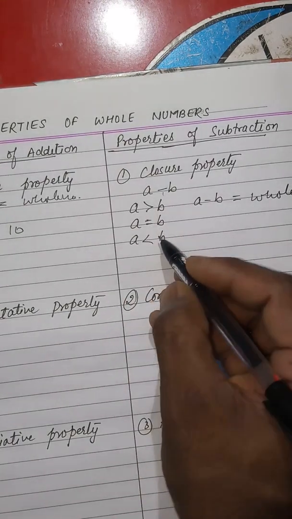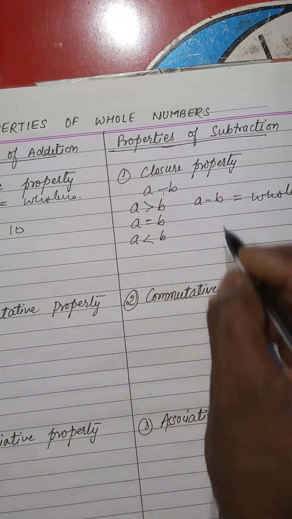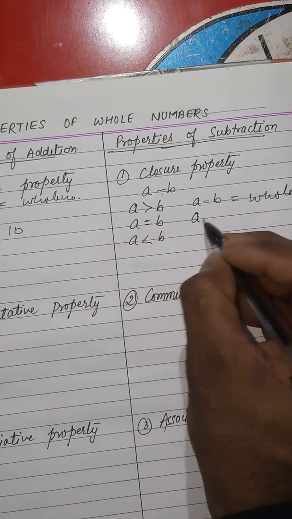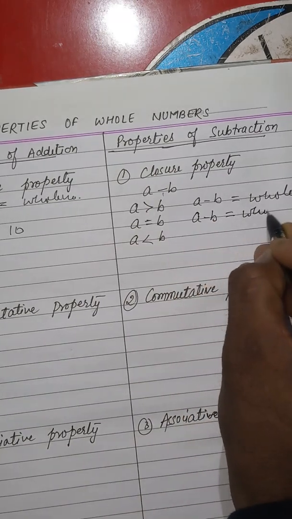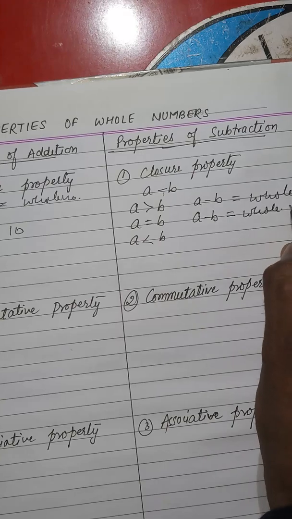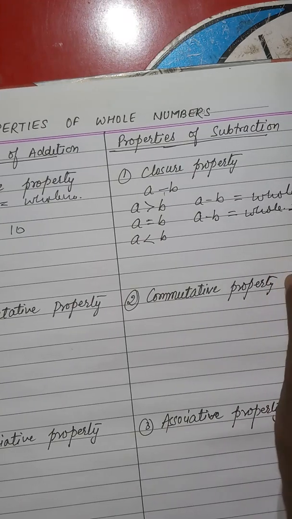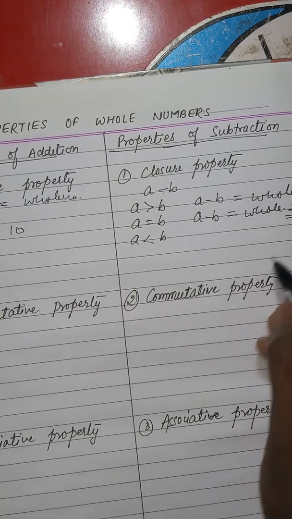In the second case, if the two whole numbers are equal, subtracting gives a whole number. For example, 20 minus 20 gives 0.